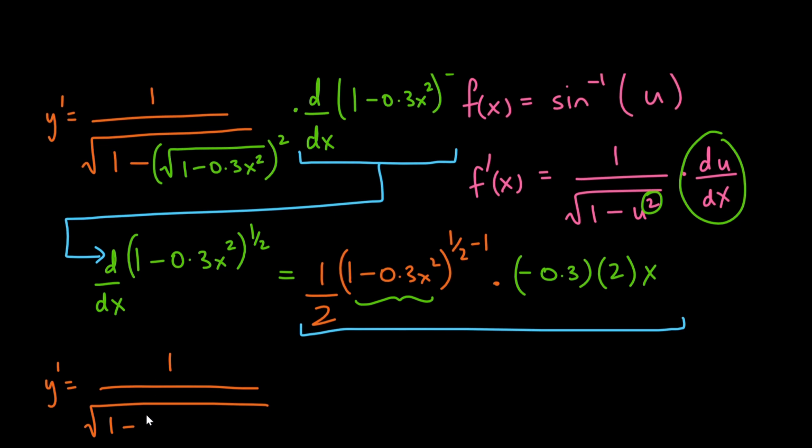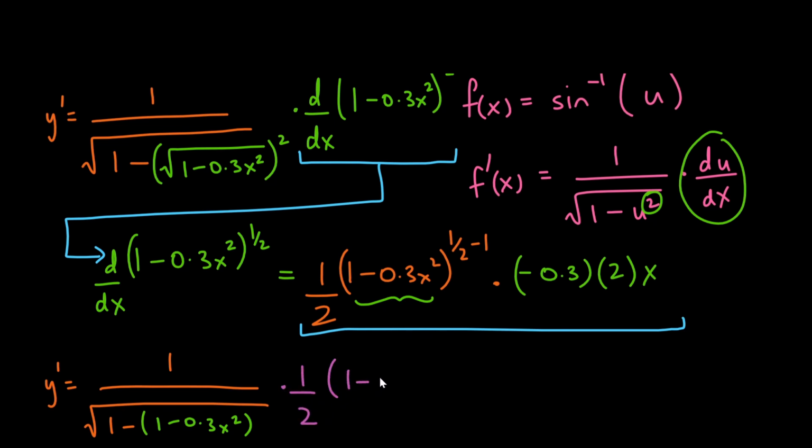So I can just write 1 minus 0.3x squared, and then we can write this term times half.